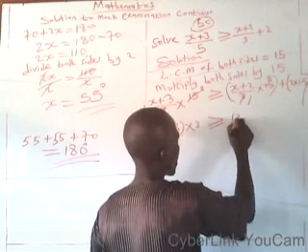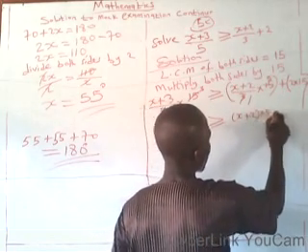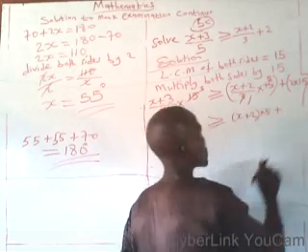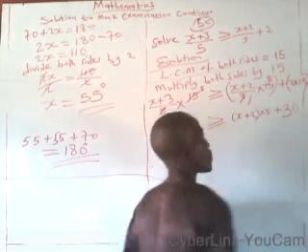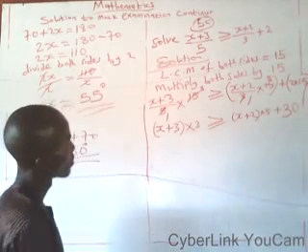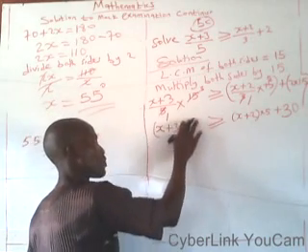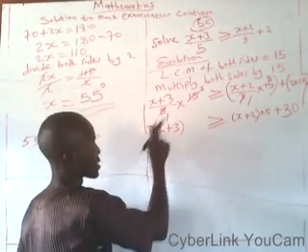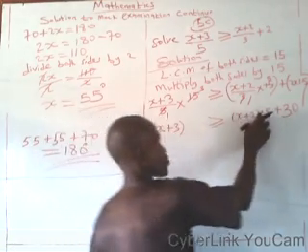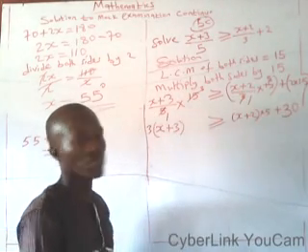That is (x plus 2) multiplied by 5, plus 2 multiplied by 15, that is 30. And if you did not put the multiplication sign there, it's not a crime. If you just write it as 3 into bracket this, or 5 into bracket this, you are still saying the same thing.